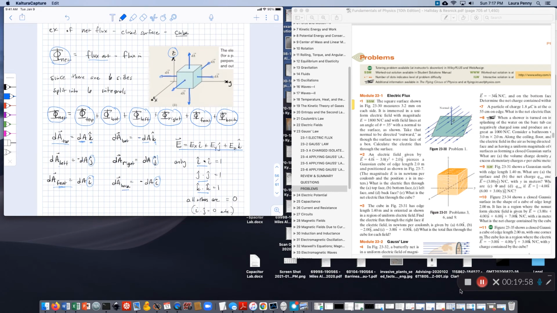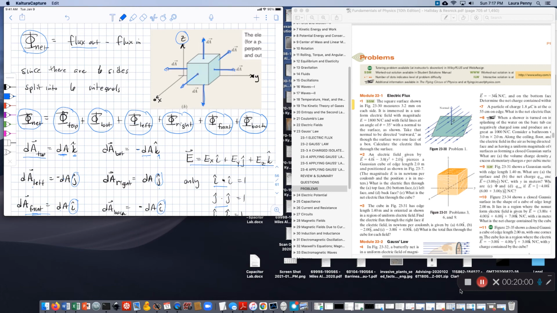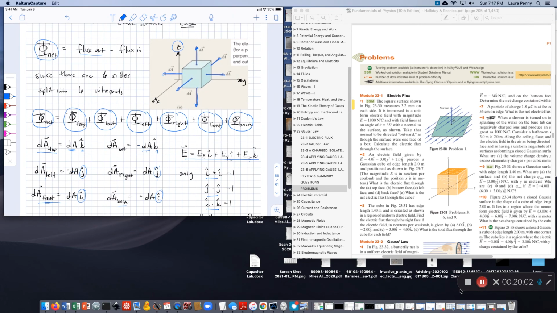If you think about an electric field, say we had an electric field moving straight up and down through here. So say my electric field was moving up like this. Well, that electric field is going to be perpendicular to this side and to this side. It'll also be perpendicular to everything here. There's not any flux going through this side then.